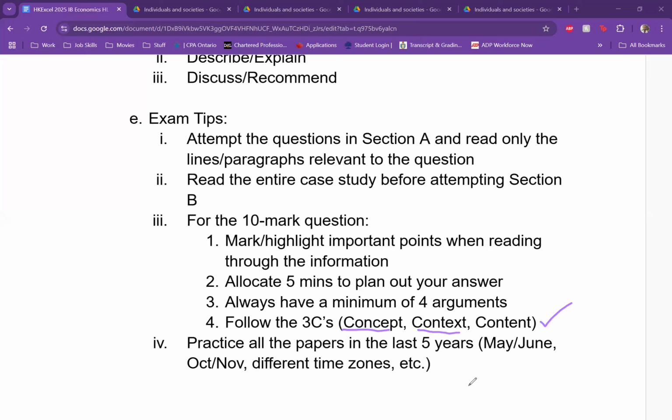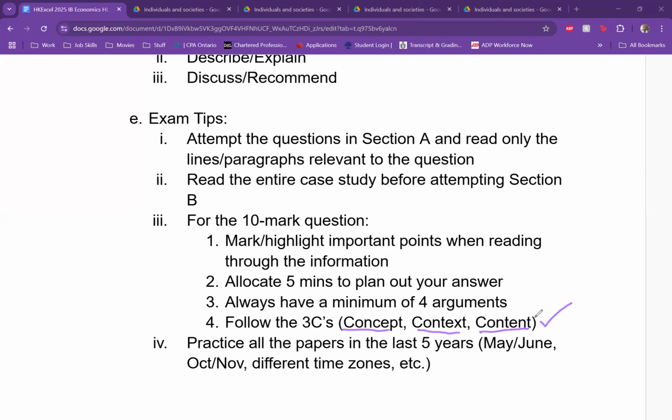Now remember, even if you use a correct concept to make an argument, but you don't have context, or data from the case study to support your argument, it is automatically invalid. It's not wrong, but it doesn't apply to the case study, and therefore you won't get marks for it.